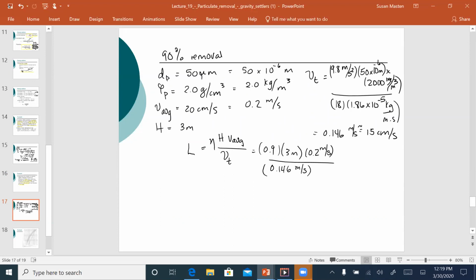And that is 3.7 meters long. So roughly 12 feet or so.